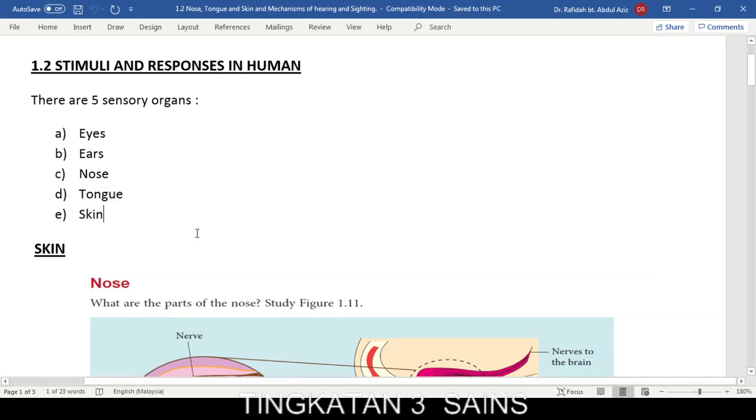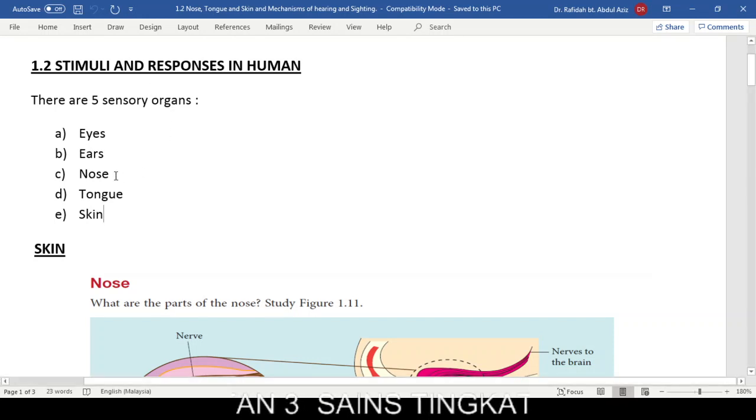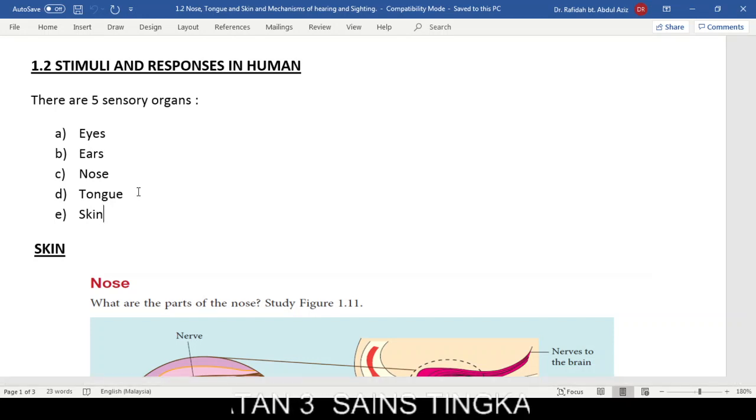So today we will finish discussing the structure of the third, fourth, and fifth sensory organs, that is nose, tongue, and skin. And also, if we have enough time, we will discuss the mechanism of hearing and the mechanism of sight.